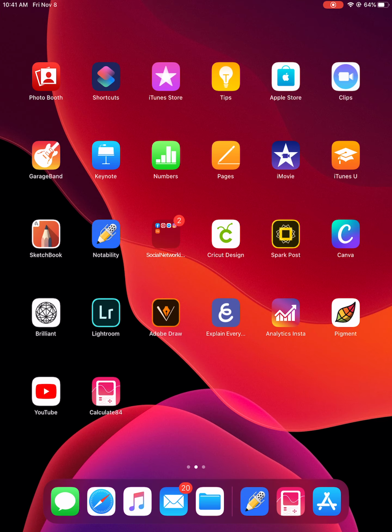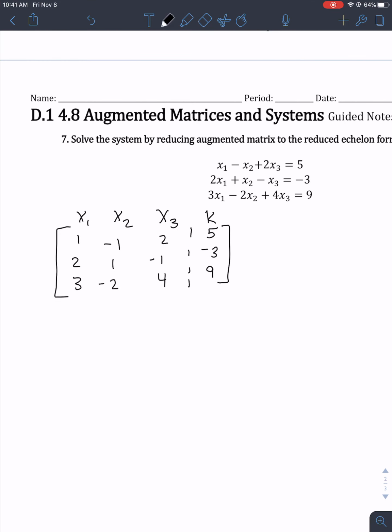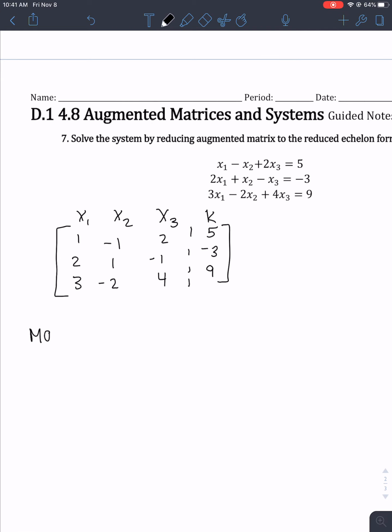So I'll write the steps out. You're going to go to matrix and type it in. It's a 3 by 4, 3 rows, 4 columns: 1, -1, 2, 5, 2, 1, -1, -3, 3, -2, 4, and 9.